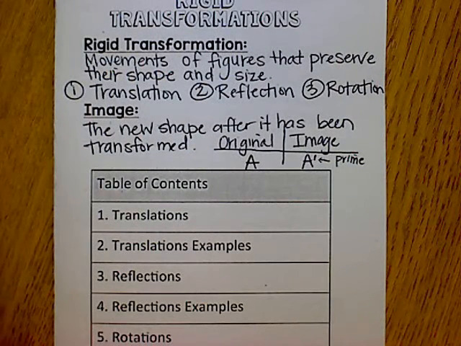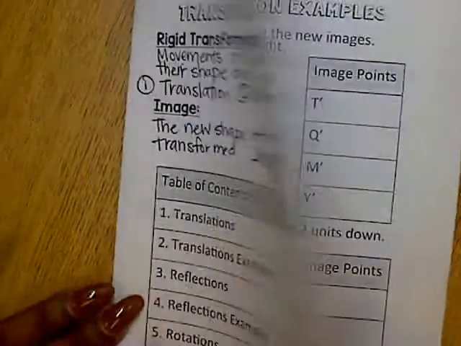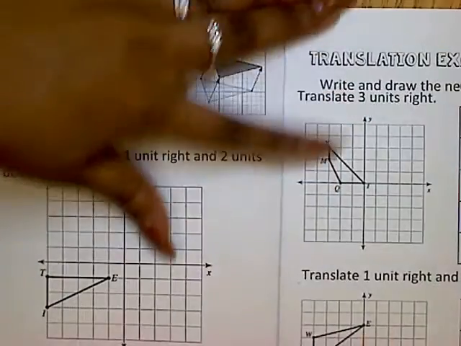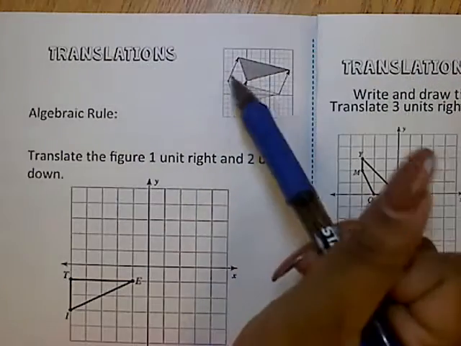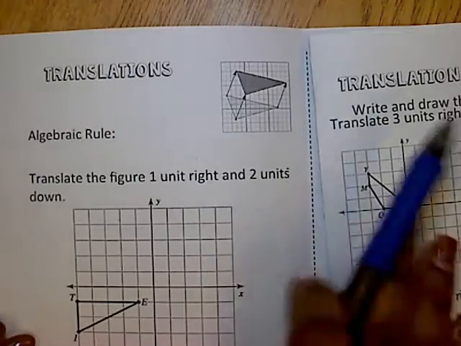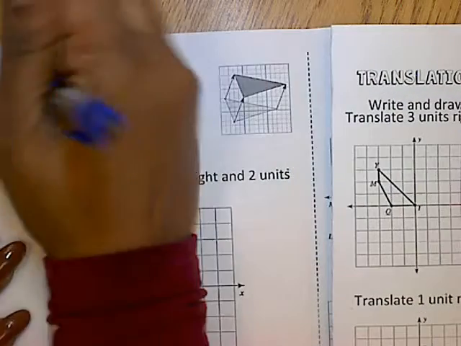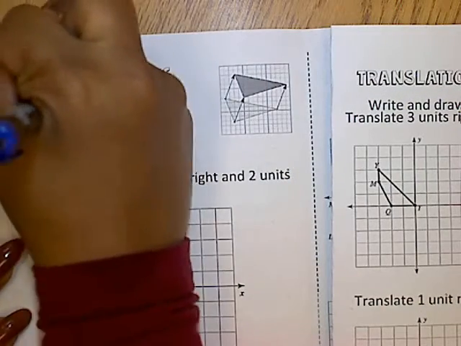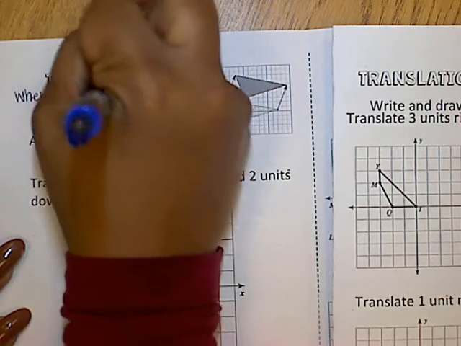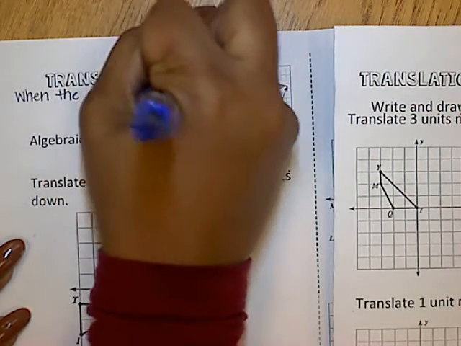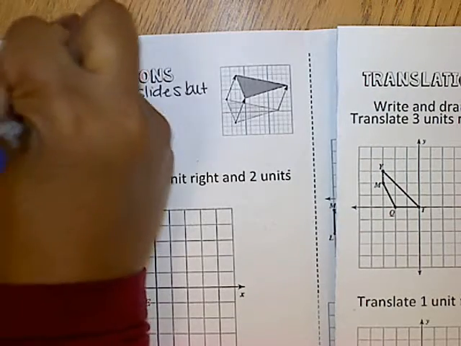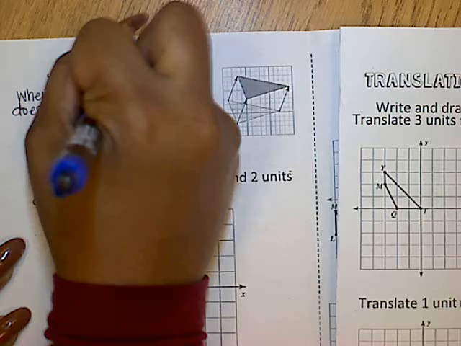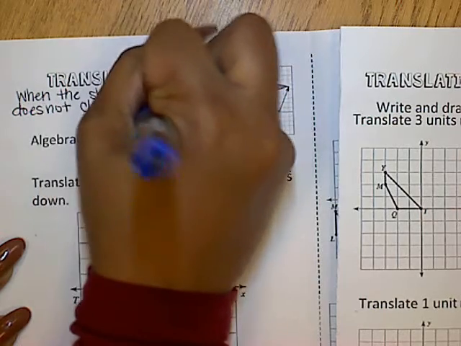moving to translations. So we're just going to open it up, and we're just going to start learning about translations. So the first thing you need to know about translations, and this is just a picture model of what a translation is, but it's just when the shape slides but does not change size.